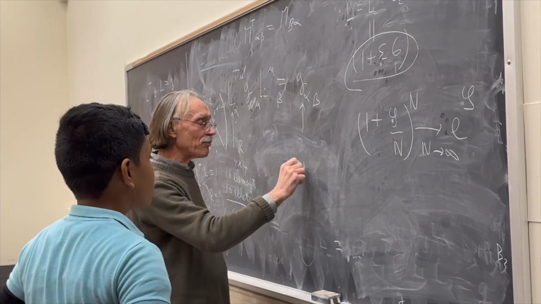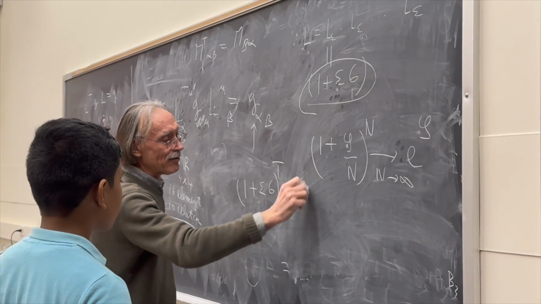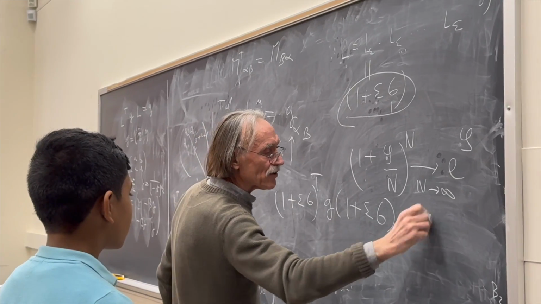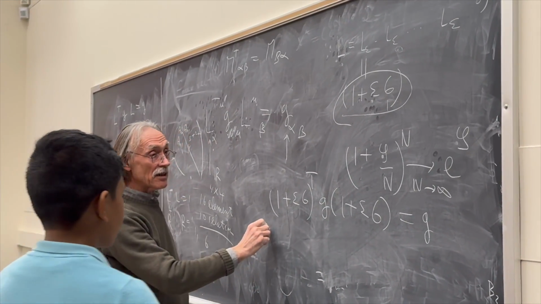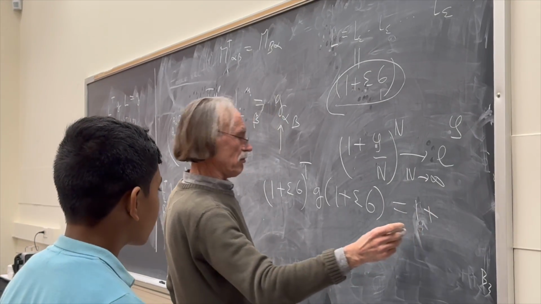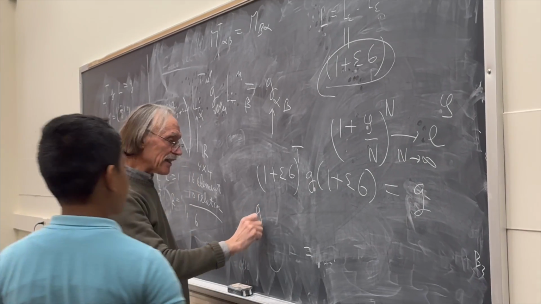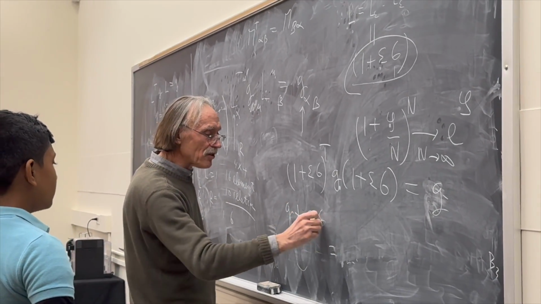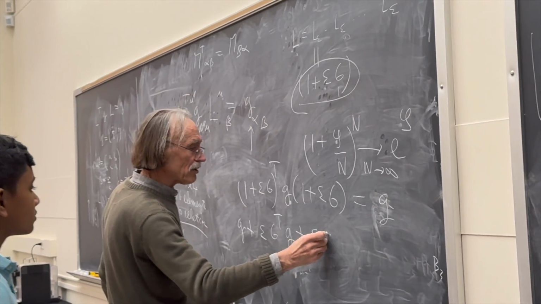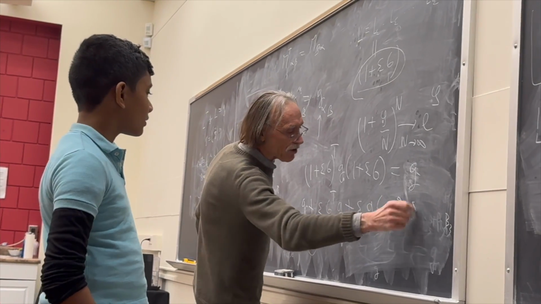So what we are going to do now is solve this. So we have (1 plus epsilon Z) transpose times G times (1 plus epsilon Z) is equal to G. So then I expand it, that is G plus epsilon Z transpose G plus epsilon G Z plus order epsilon squared.